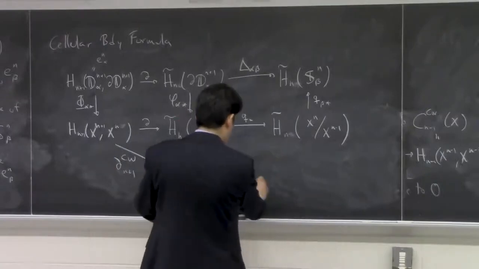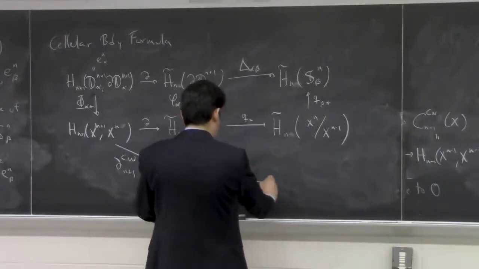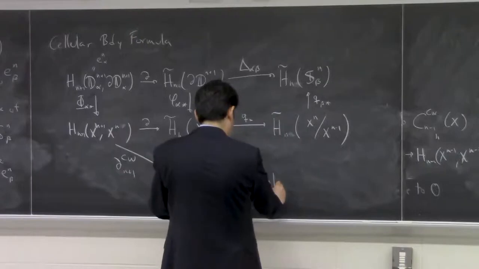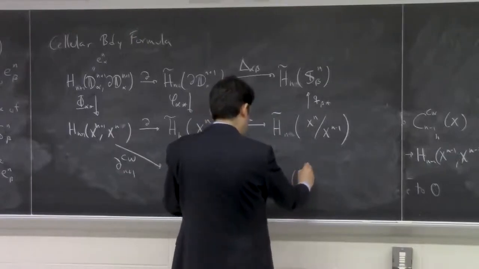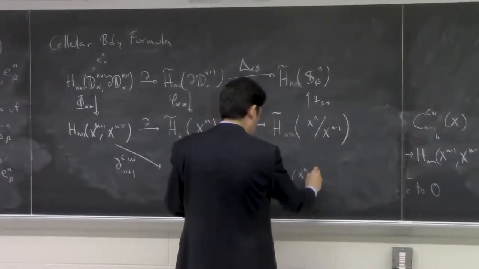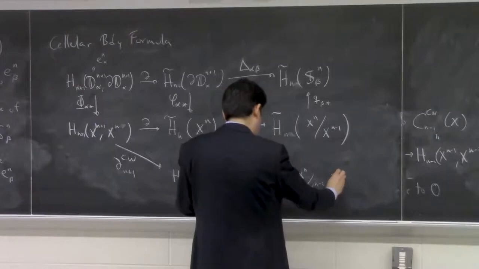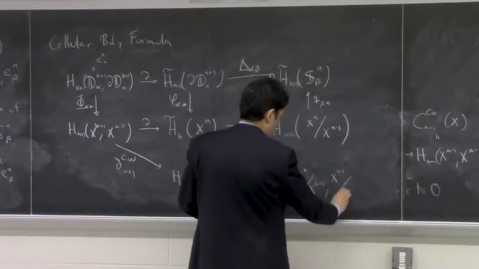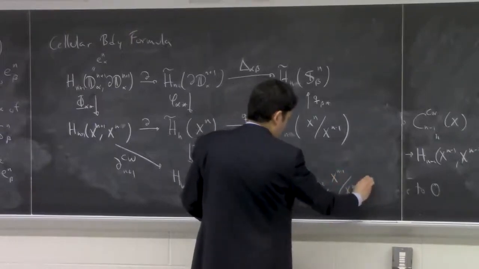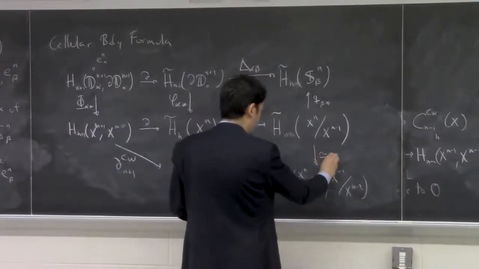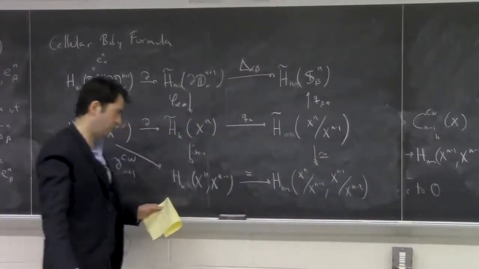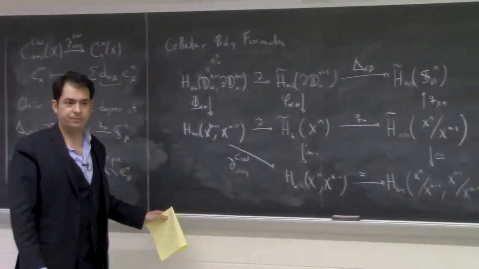And here we have an isomorphism between H_n of X^n over X^(n-1) and H_(n+1) of X^(n+1) over X^n, which is an isomorphism we saw a long time ago.